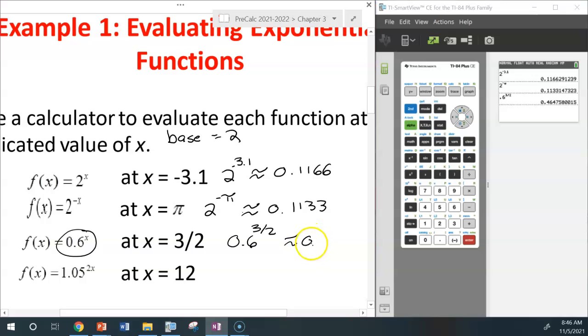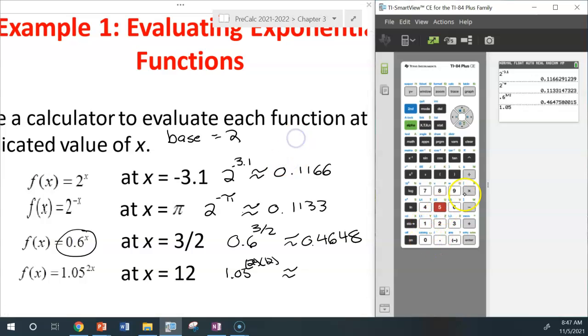And this is 0.4648. And then 1.05 to the 2x. That's going to be 1.05 raised to 2 times 12. And I get 3.225.